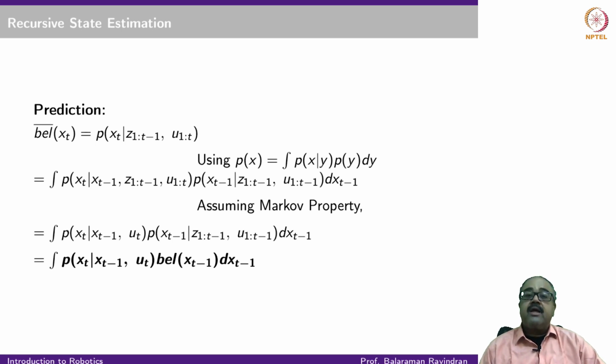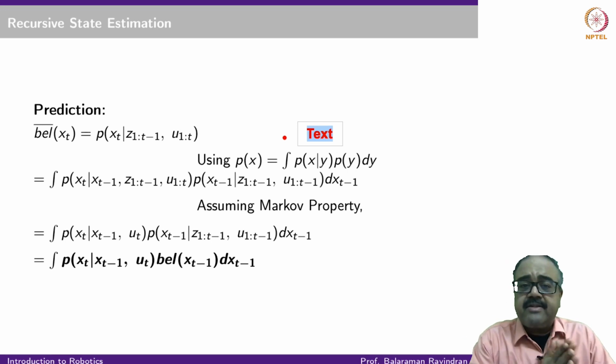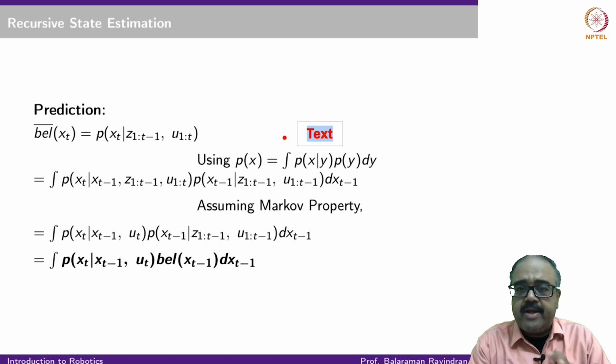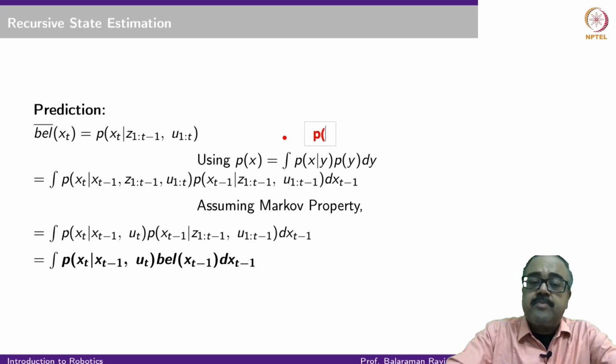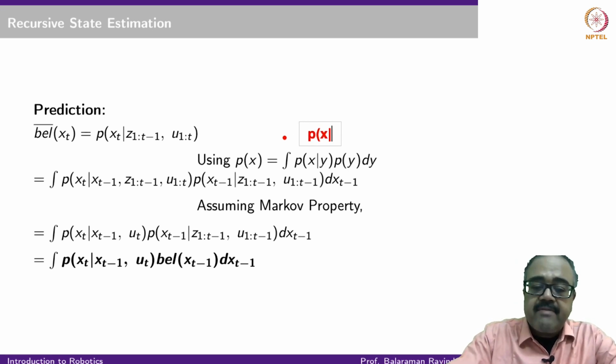Likewise, now I'm going to take this expression. I want p of x given z and u, so I'm going to condition it on xt minus 1. Now we have the probability of x given by this integral of the probability of x given y times the probability of y. But suppose I want the probability of x given z.